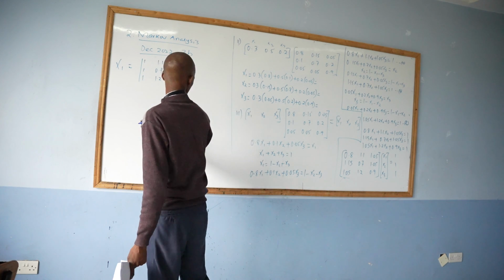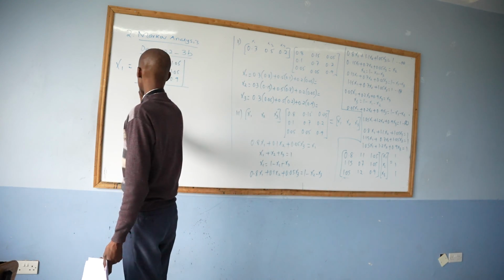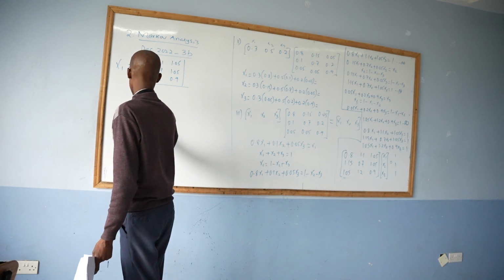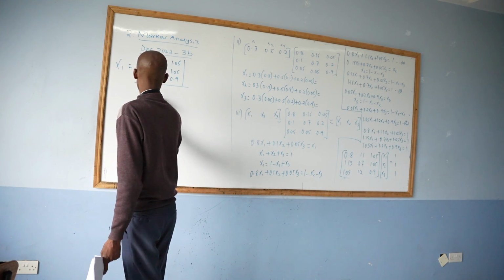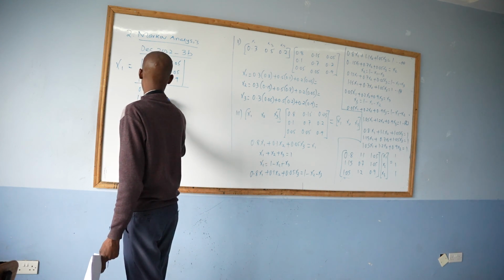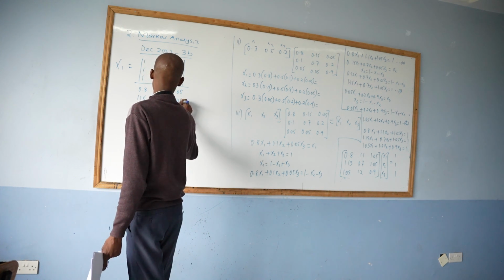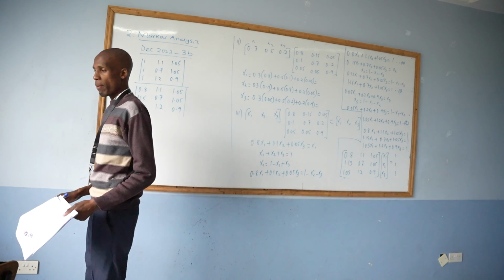Get the determinant. Divide by the determinant of the original matrix. 1.05, 1.2, 1.05, 1.05, 0.9. You get the determinant.